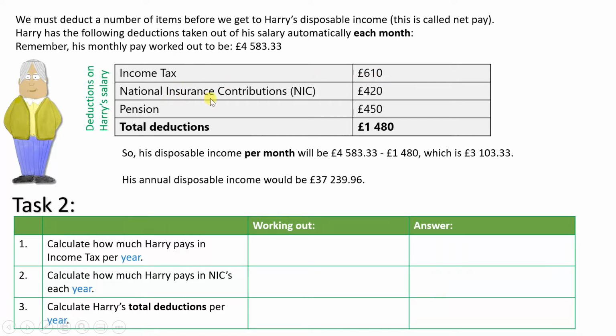He pays £420 per month for national insurance contributions, and he also pays £450 per month into his pension, giving him a total monthly deduction of £1,480.